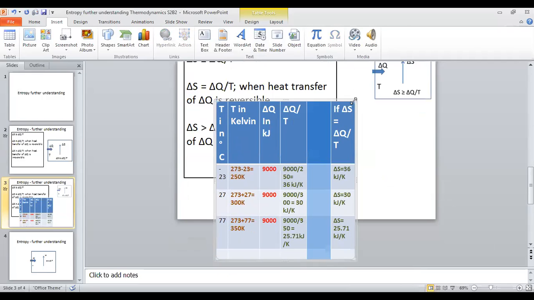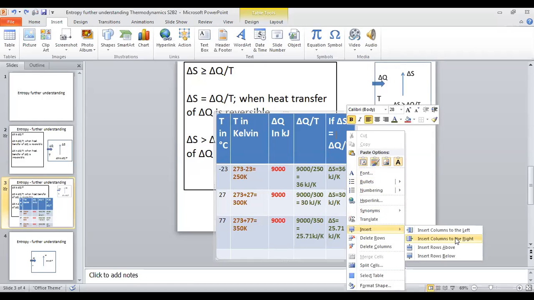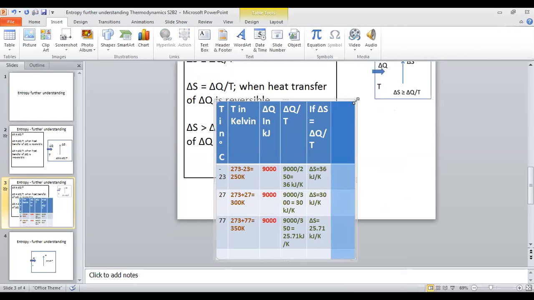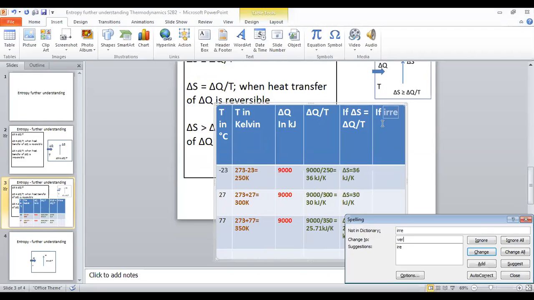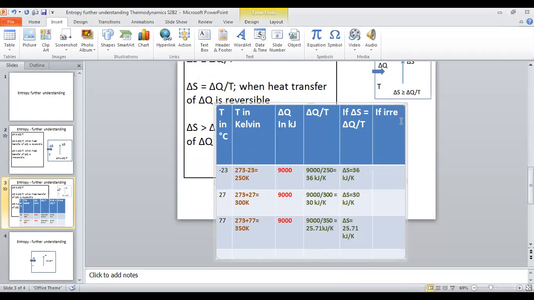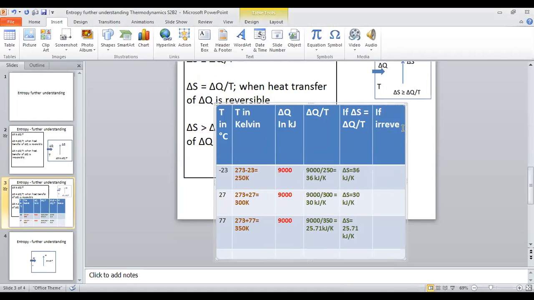And if irreversible, what you can say is, I am taking the same column.